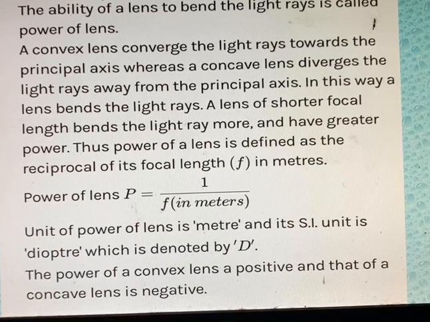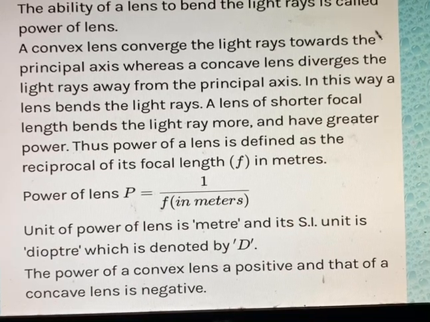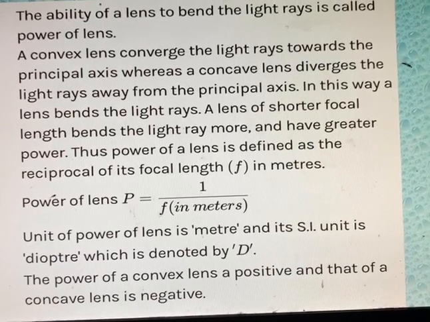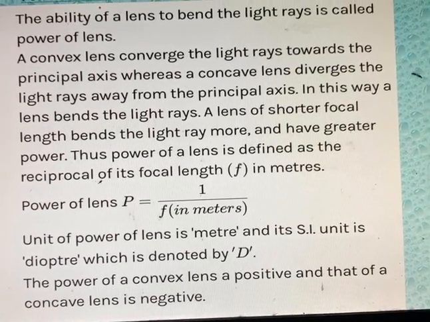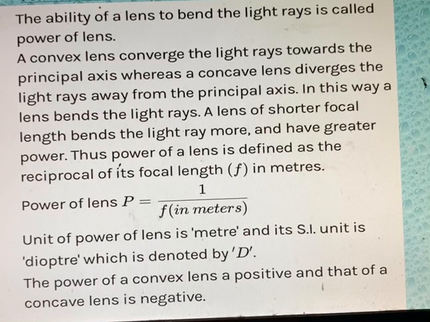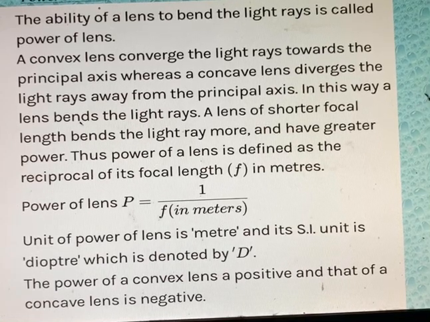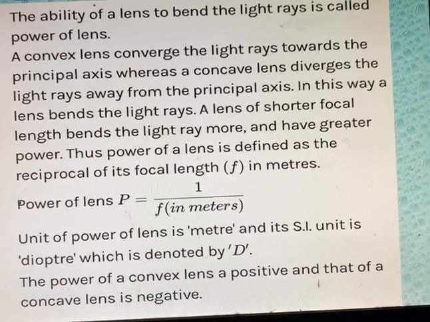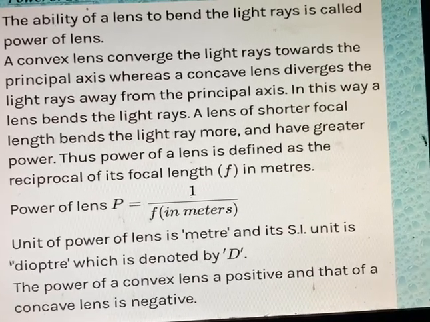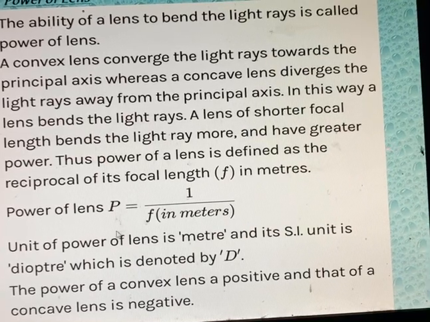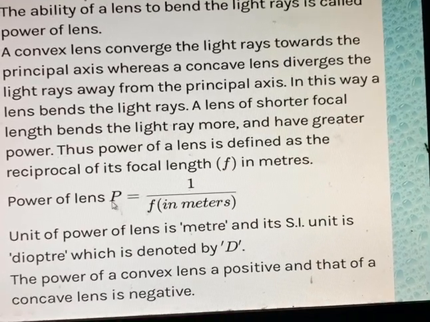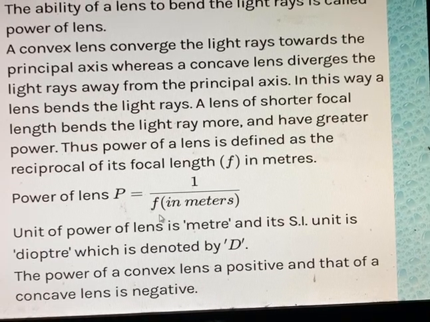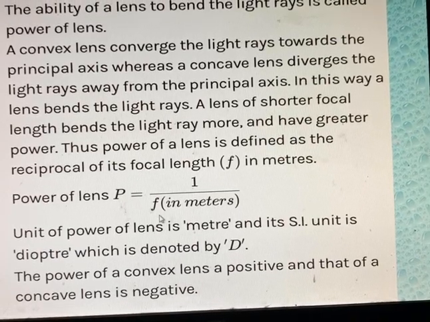A lens with shorter focal length bends the light rays more and has greater power. Thus, the power of a lens is defined as the reciprocal of its focal length. That means an inverse relationship exists between the power of the lens and the focal length in meters. So P, the power of lens, is equal to 1 by focal length in meters.